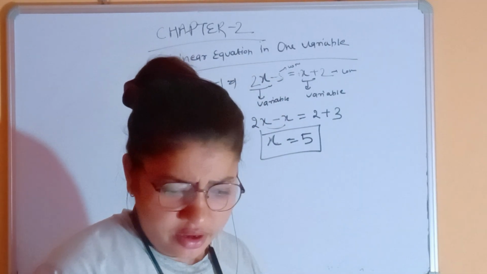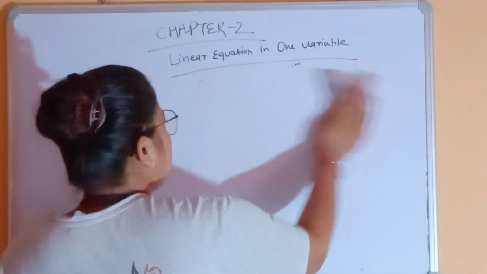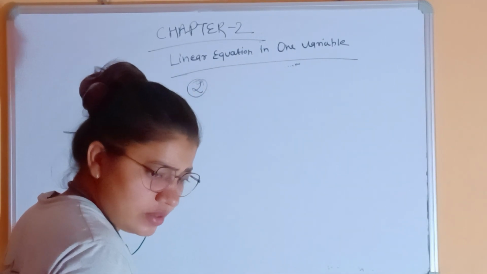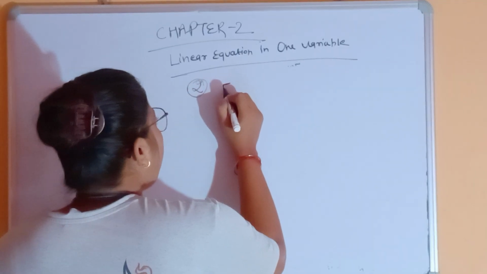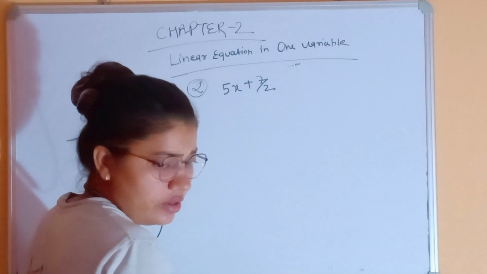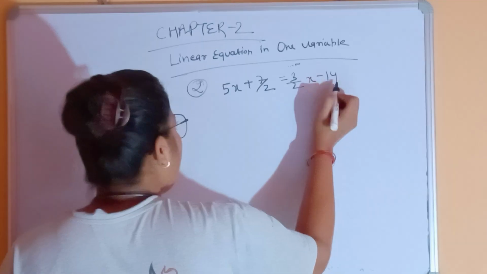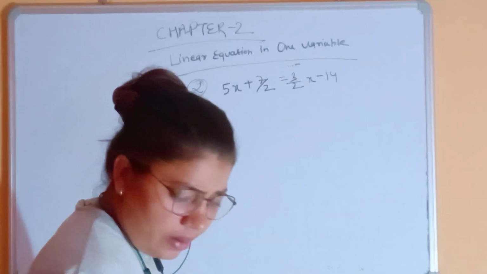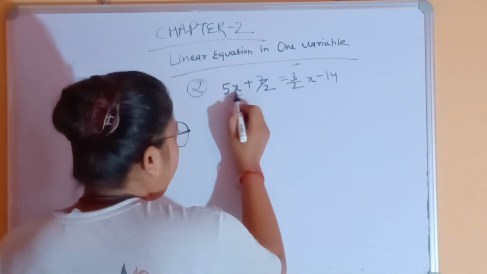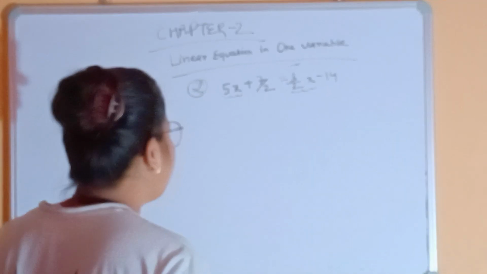Second: 5x plus 7 by 2 is equals to 3 by 2 x minus 14. Here first we see which is the variable and which is the constant. x is the variable, because if we change x, the value also changes.